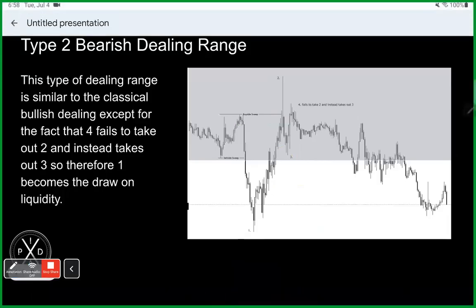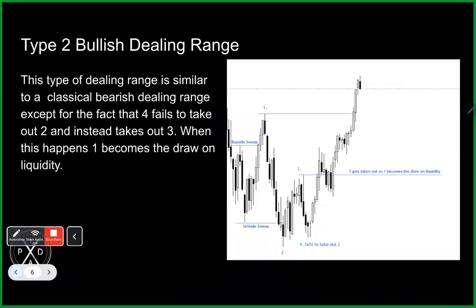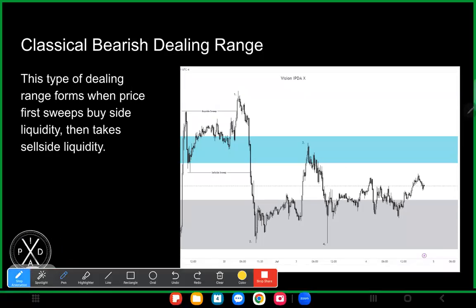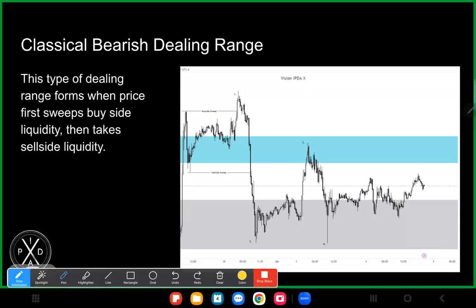So now let's take a look at this on a classical dealing range. Let's just use this one for an example. Right here we have a high, higher high, this low right here. So that gives us kind of this breaker at this level.